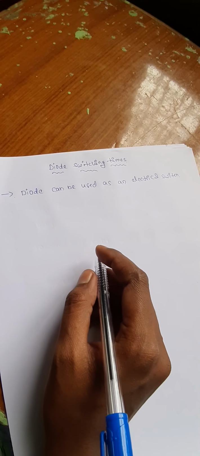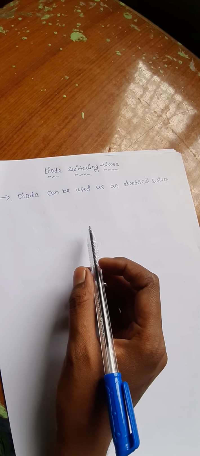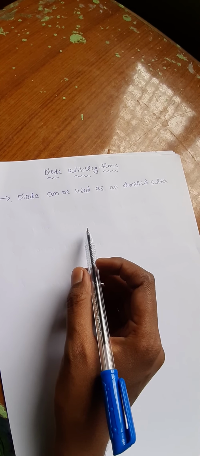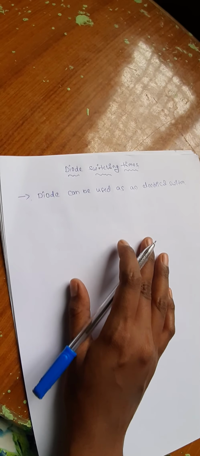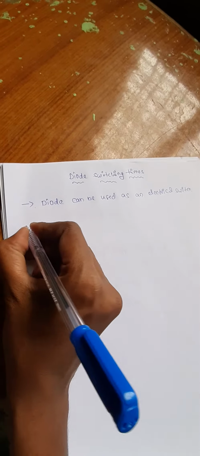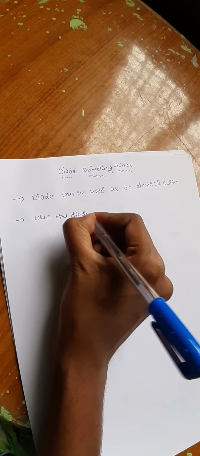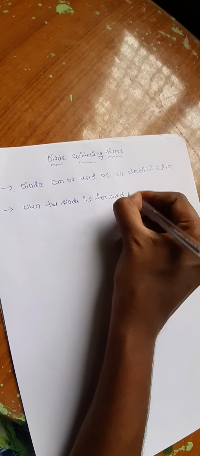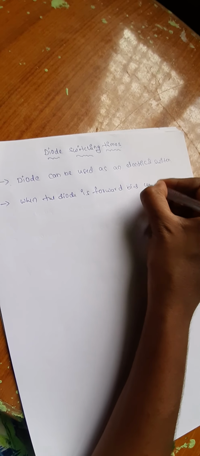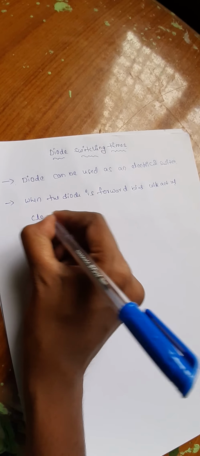Whenever the diode is in forward bias, it will act as a closed circuit, and whenever the diode is in reverse bias, it will act as an open circuit. So when the diode is forward biased, it will act as a closed circuit.